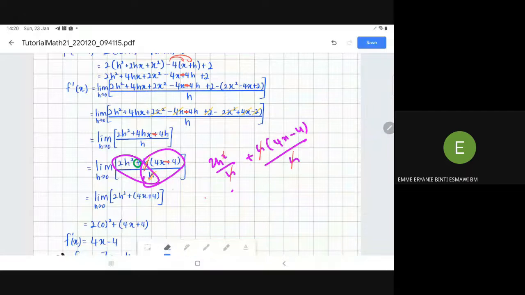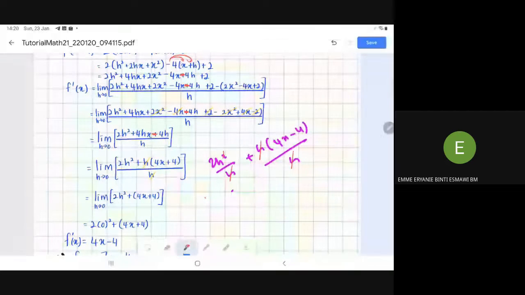So sepatutnya di sini, here should be 2h sahaja. Okay. So sepatutnya instead of doing that, what you should do is do something like this. Factorize the h dulu.